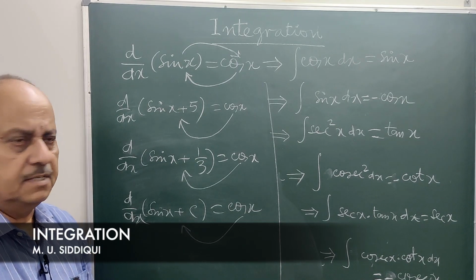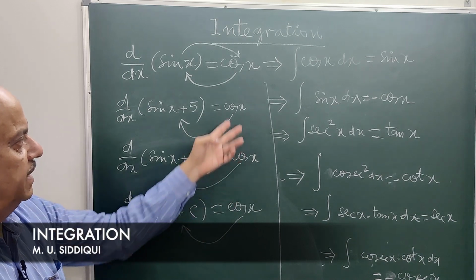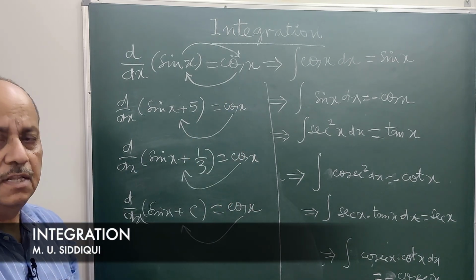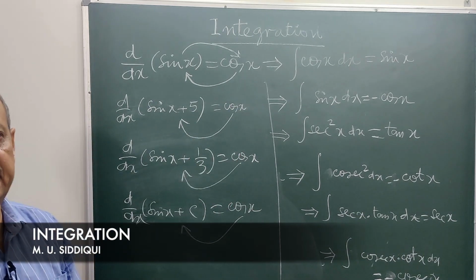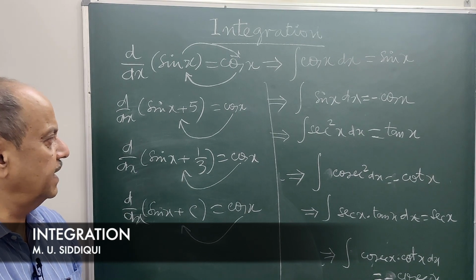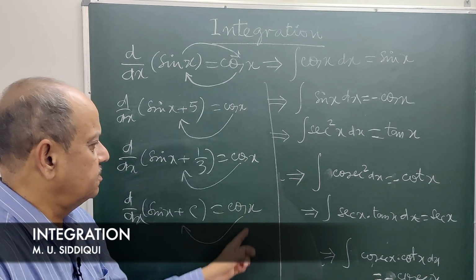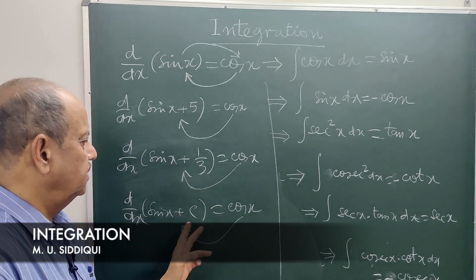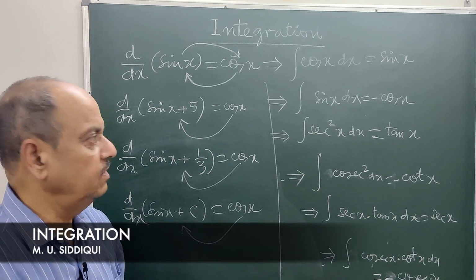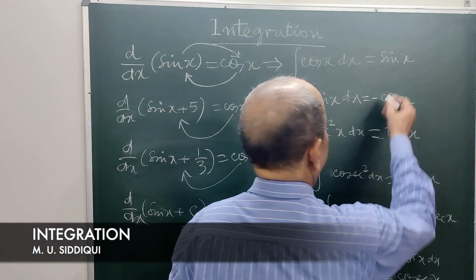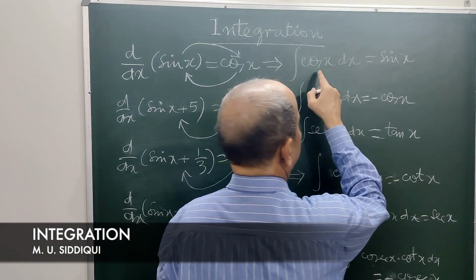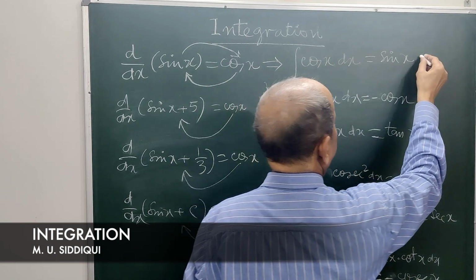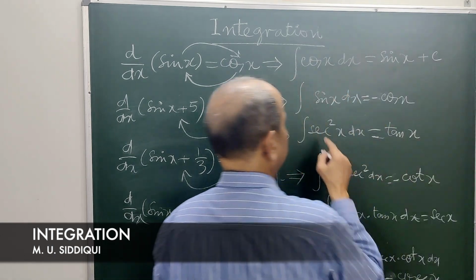So, that is the reason that whenever we integrate any expression, we write that integral of cos x is sin x plus any constant. Whenever we write this formula for integration, we will write integral of cos x is sin x plus c.